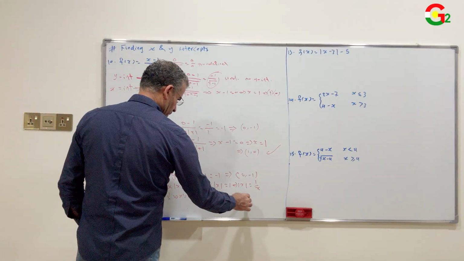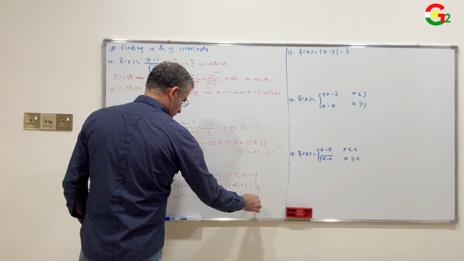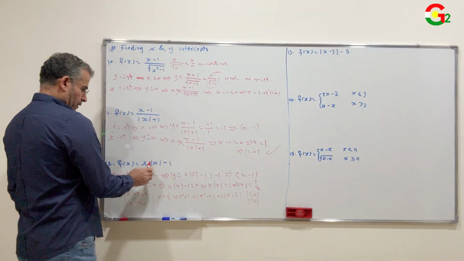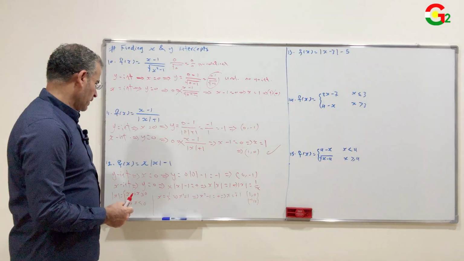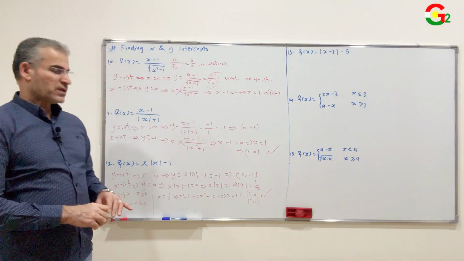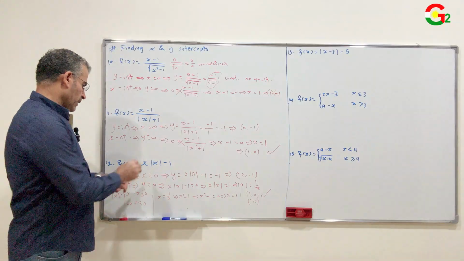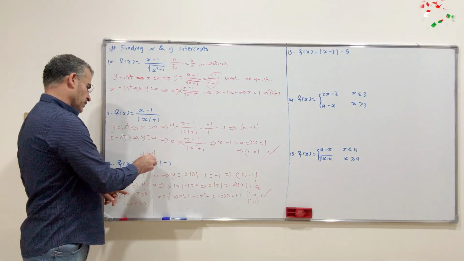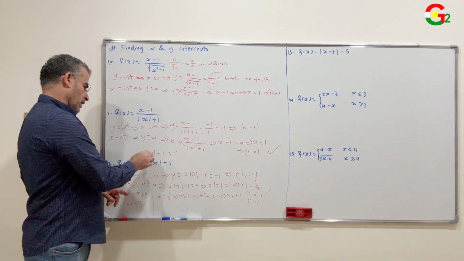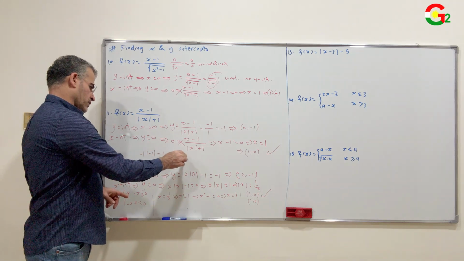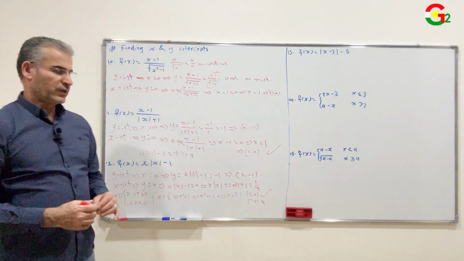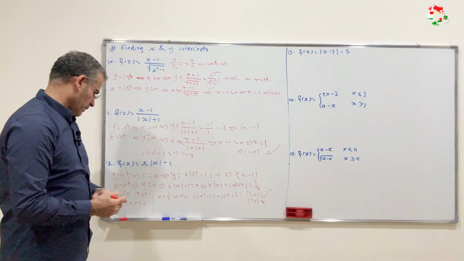Let us check these 2 points, (1, 0) and (-1, 0). 1 times absolute value of 1, minus 1, equals 0, so it is an x-intercept point. But -1 times absolute value of -1 minus 1 equals -1 times 1 minus 1, equal to -2. It is not an x-intercept point; it does not satisfy the equation.